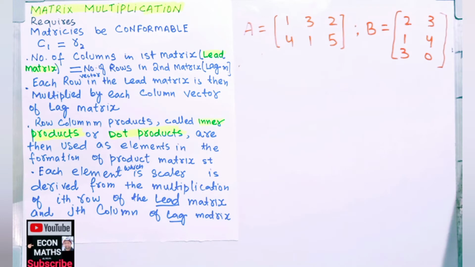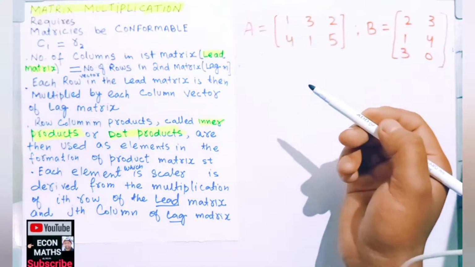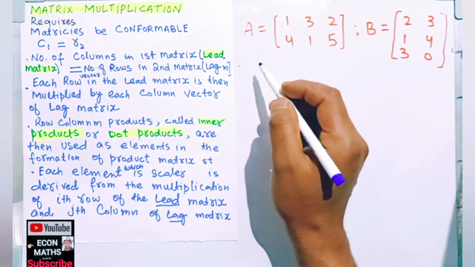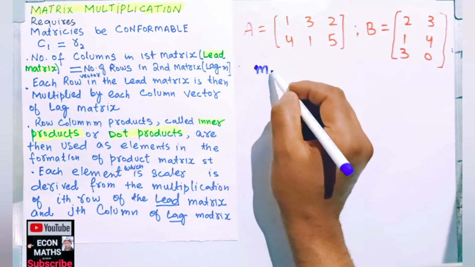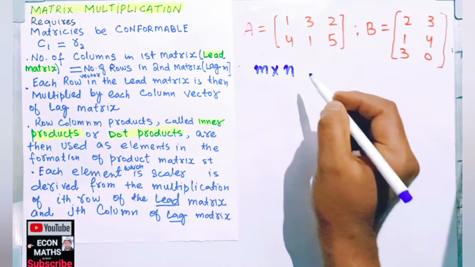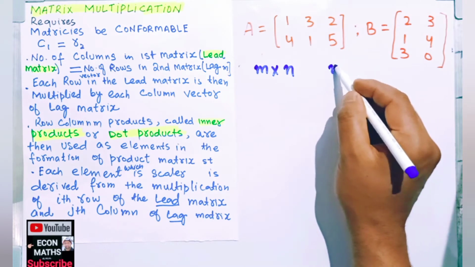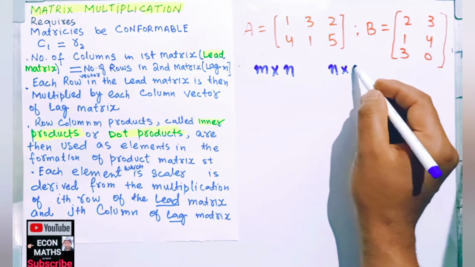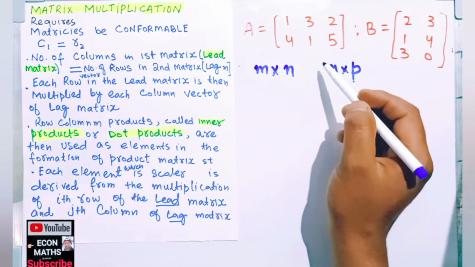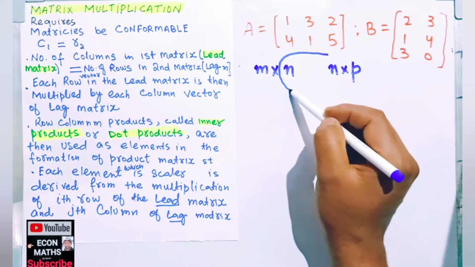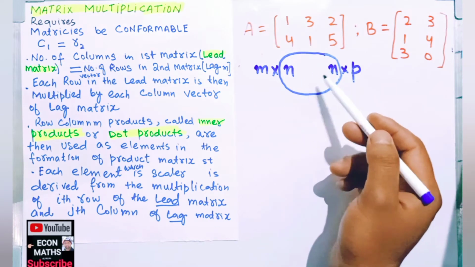Now a general formula for seeing whether matrices are conformable: if the first matrix is of dimension m times n, and the second matrix is of dimension n times p, we encircle these two numbers here.